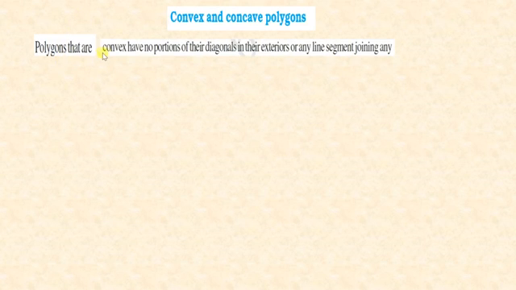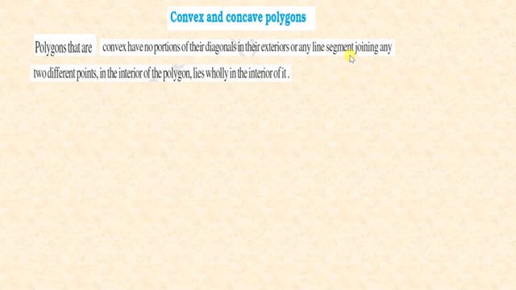Next comes convex and concave polygons. Polygons are also categorized in another way into two categories: convex and concave polygons. Now, what is a convex polygon? A convex polygon is a polygon which has no portions of its diagonals in its exterior.